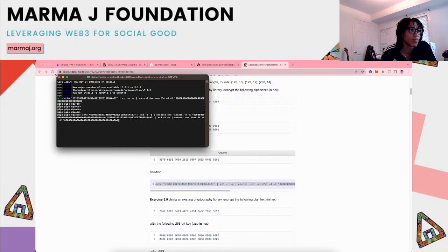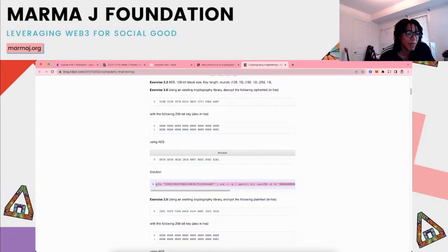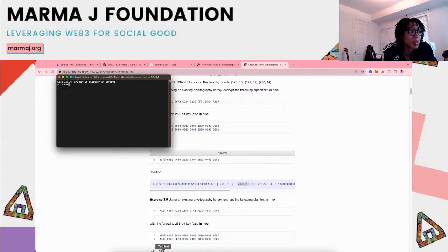That's not helpful. Okay, well, I'm going to have to try this some other time. May have to download OpenSSL. I've never tried it like this.